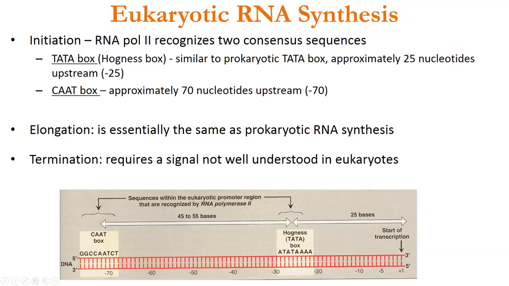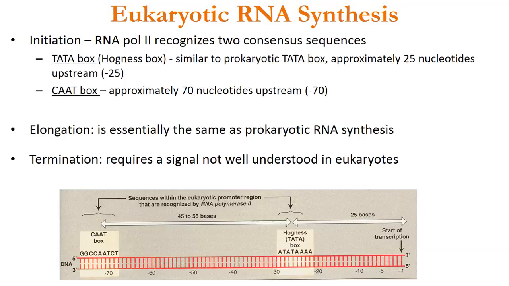Okay, once again, we're still talking about eukaryotic RNA synthesis. You'll notice this is going to look pretty similar to what was going on with prokaryotes. We also have consensus sequences. RNA polymerase 2 doesn't have that sigma factor that you saw in prokaryotic transcription.